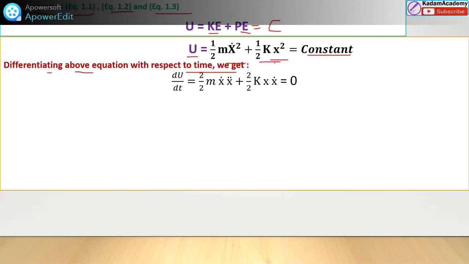This is the differentiation for this term, and this is for the other term.